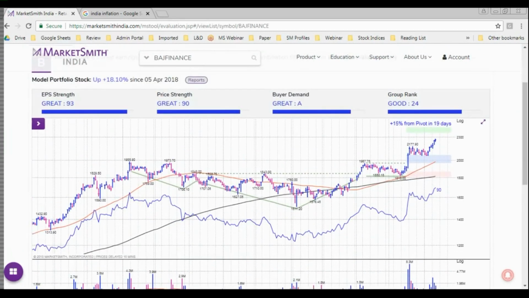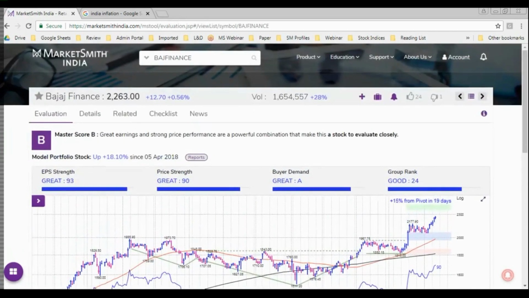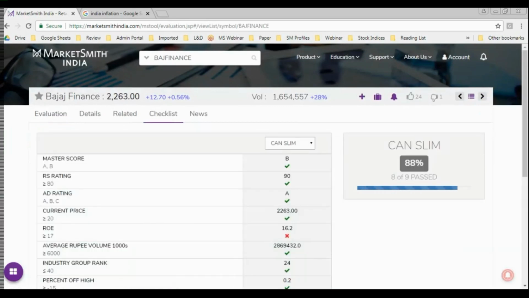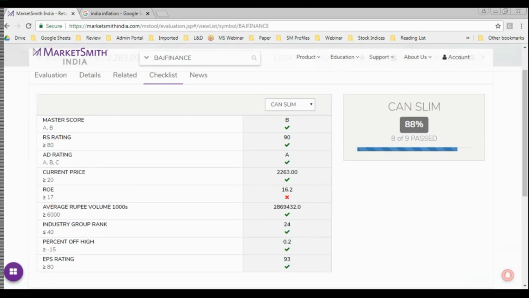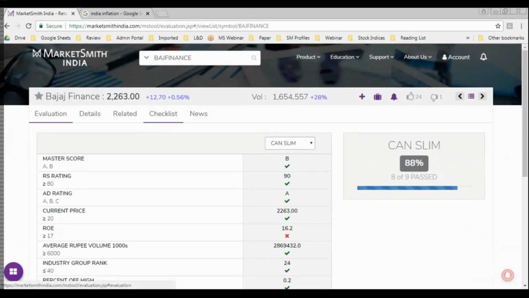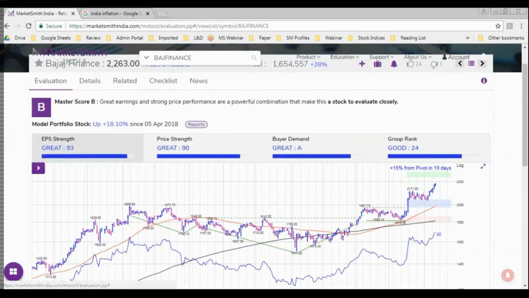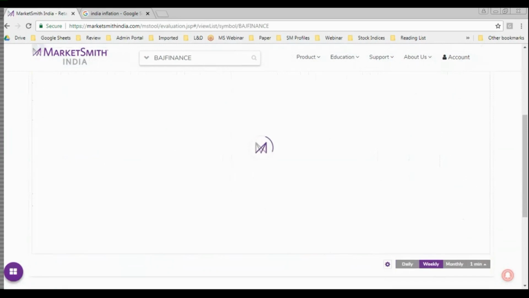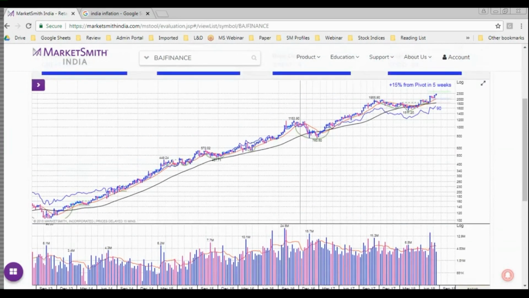It will also give you an idea, if you evaluate it from an overall CANSLIM perspective, and you need to quickly go to the checklist and see whether it's meeting all the criteria or not. So Bajaj Finance is meeting most of the criteria, it's one of the perfect CANSLIM quality stocks, and has seen a huge run for a lot of years now.